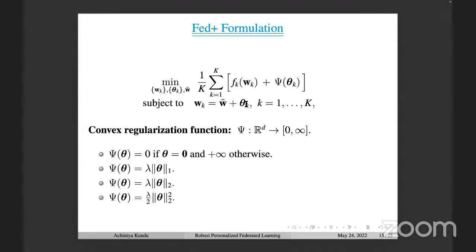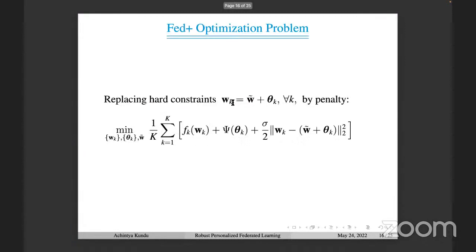Here our modeling has a big chunk, the W tilde, which is shared across all the data sets, and then a personalized component. We want to keep the personalized component regularized, otherwise if it just learns a personalized model for each one of them, they may not even collaborate.